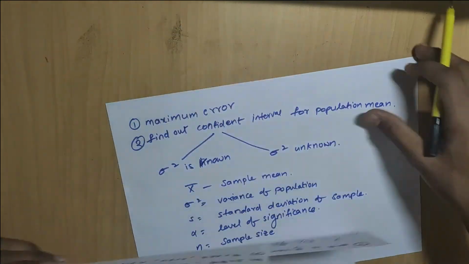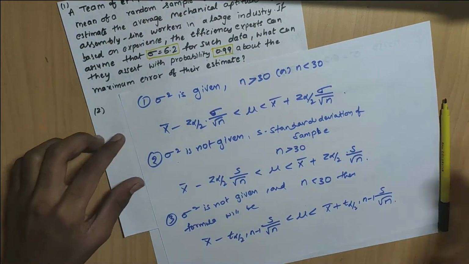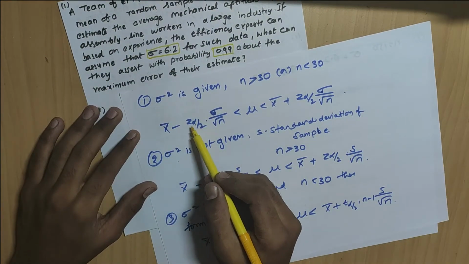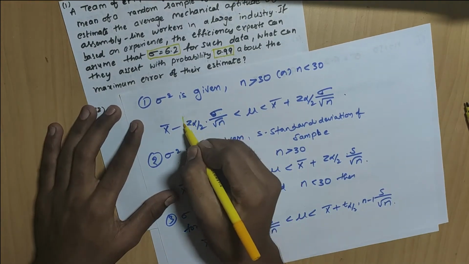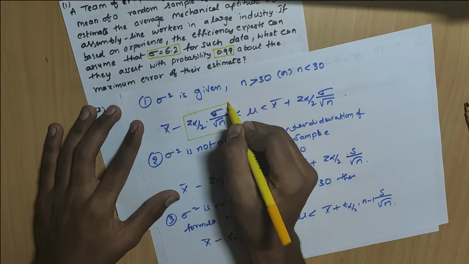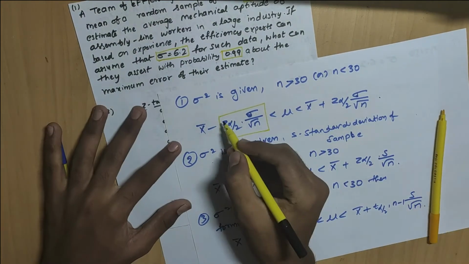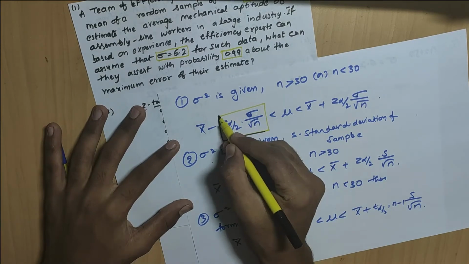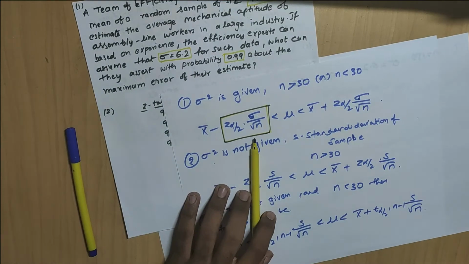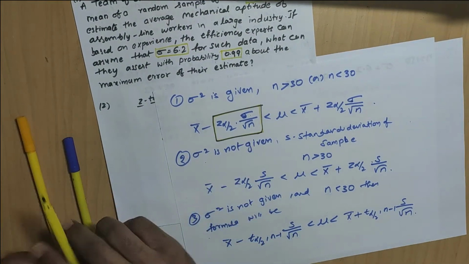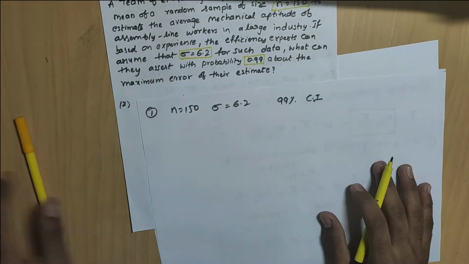We already wrote the formula: x bar minus z alpha by 2 sigma by root n. Here z alpha by 2 sigma by root n is the maximum error.